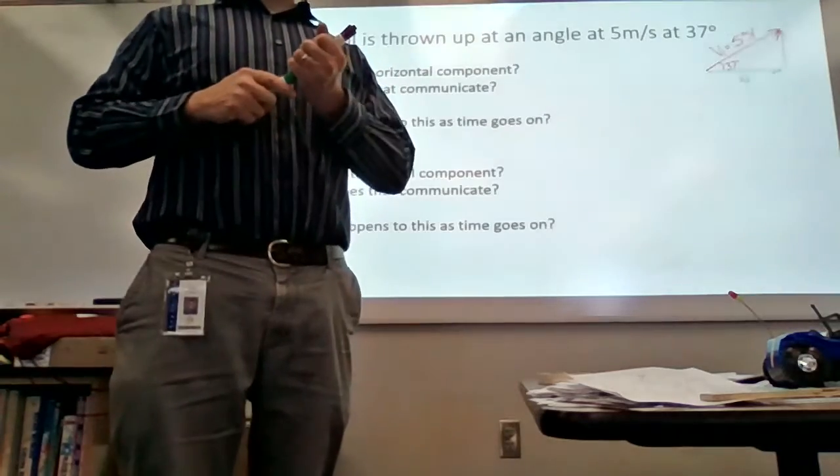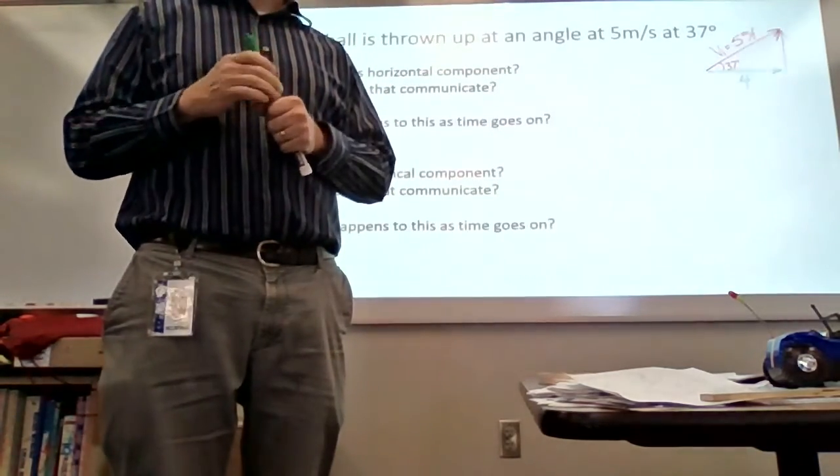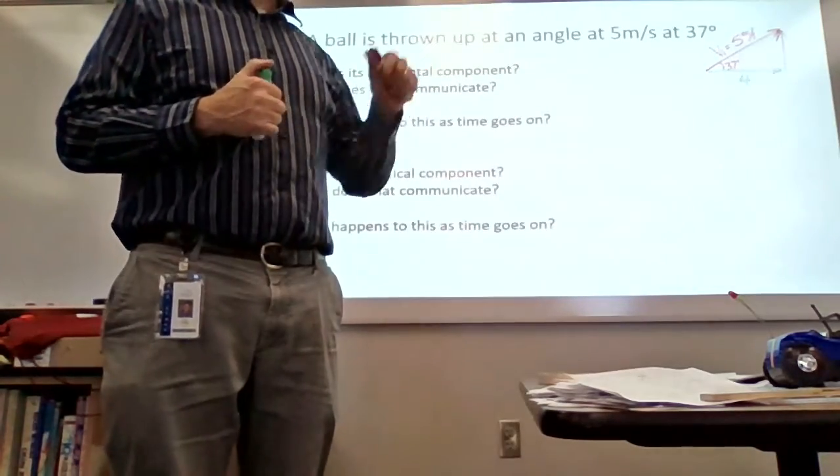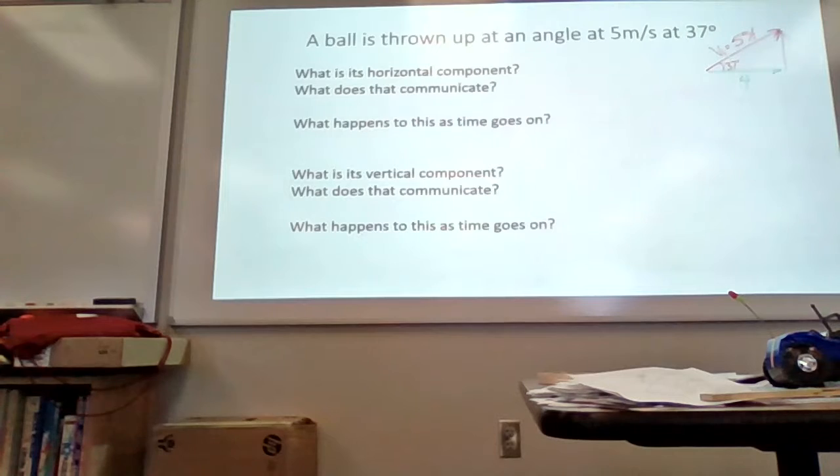Okay. What trig function did you use? Cosine. Okay, so you find that side to be 4. Tell your neighbor what that communicates. What is 4? What units is it? What is the significance of 4?